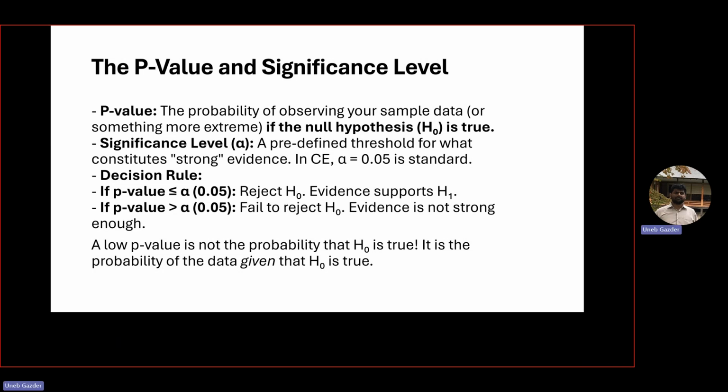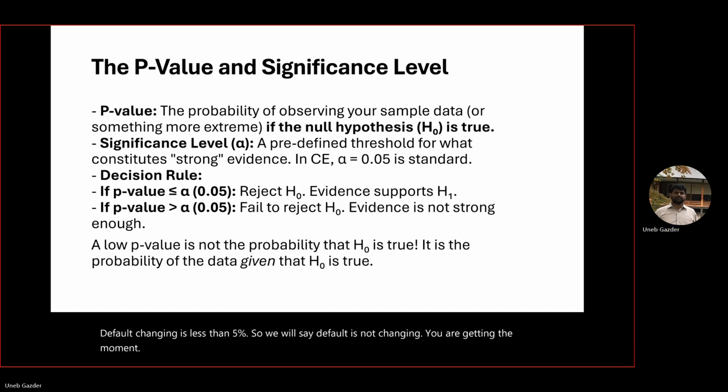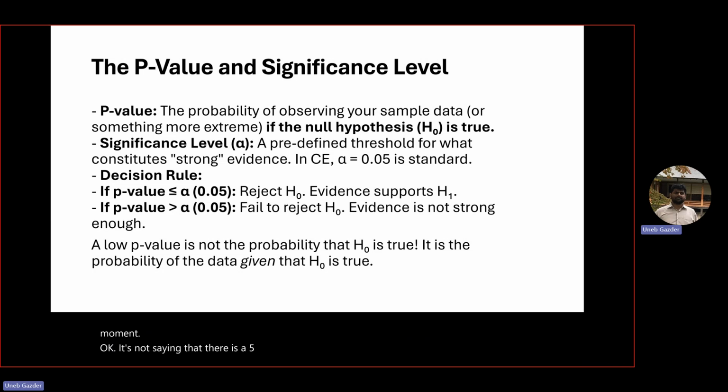Going back to the same thing which I already mentioned, our default is what? Null is true, right? So the alpha or the p value is telling you that the chance of the default changing is less than 5%, so we will say the default is not changing. You are getting the point? It's not saying that there is a 5% chance that H naught is true or not true.